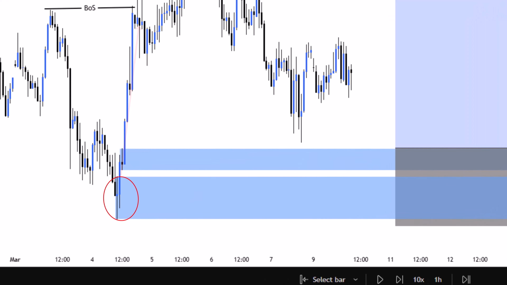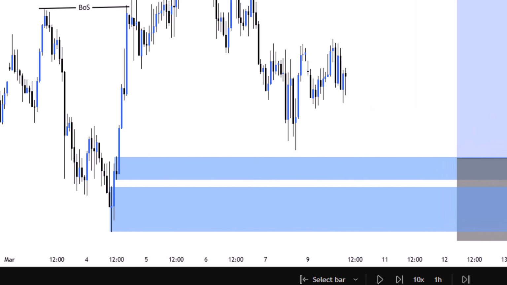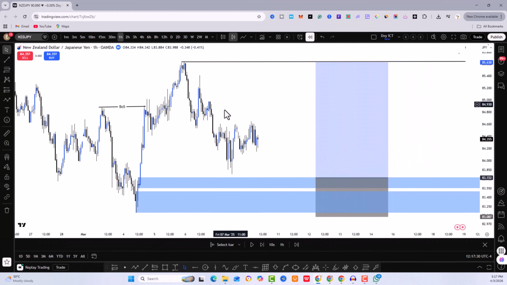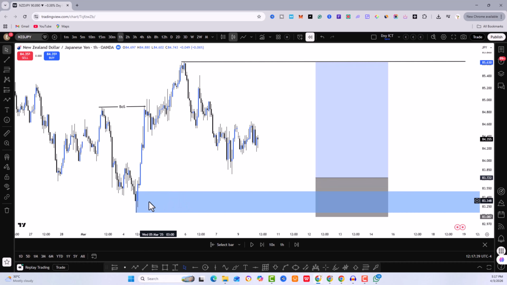So, at this point, we can work out what to do in terms of zone refinement and see what we've got in terms of opportunities to increase the risk reward. For a moment, we're going to remove this one. We're going to focus on this lower one because this is where we can refine our hourly buy limit order to.